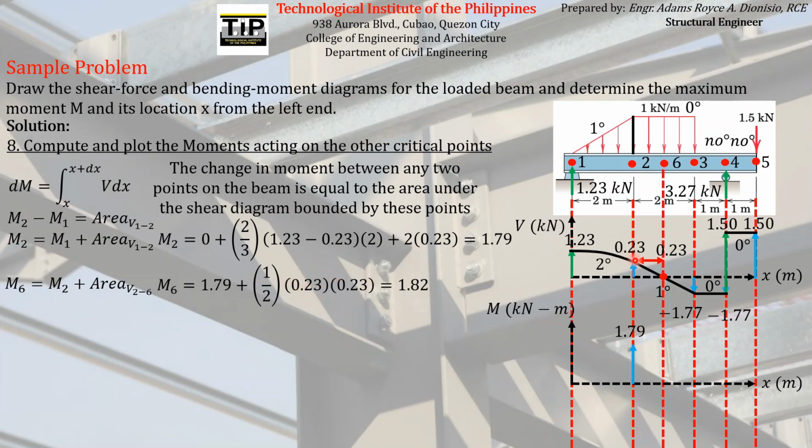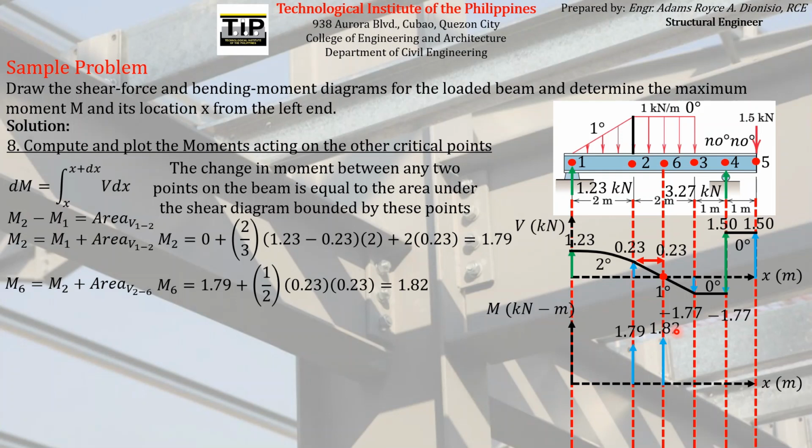So the area of that shear force diagram between point 2 and point 6 is this, added to the bending moment at point 2, which is 1.79 computed a while ago. Simplifying that equation, we will see that it has a sum of 1.82. So if we plot that, that will be above the horizontal axis.